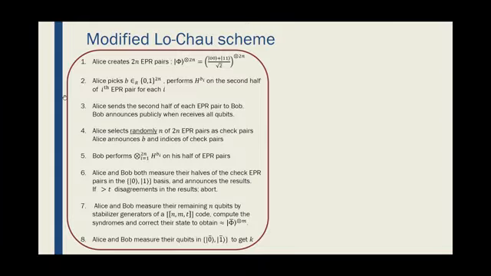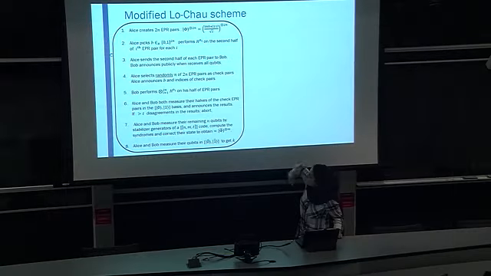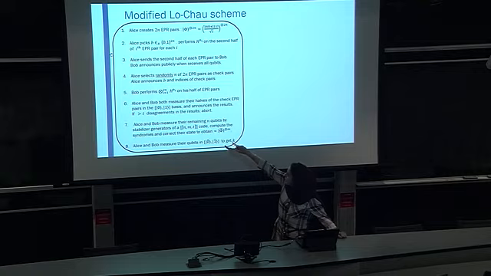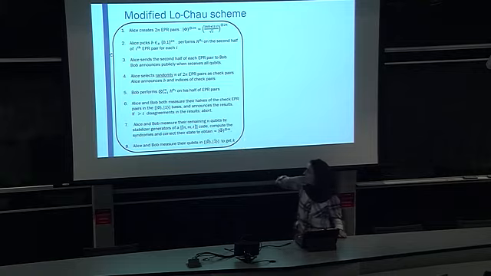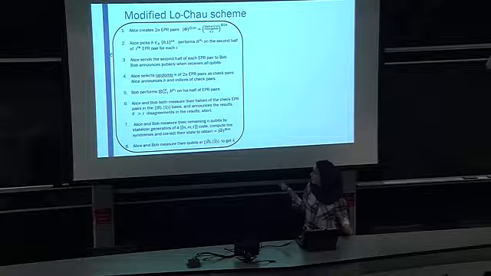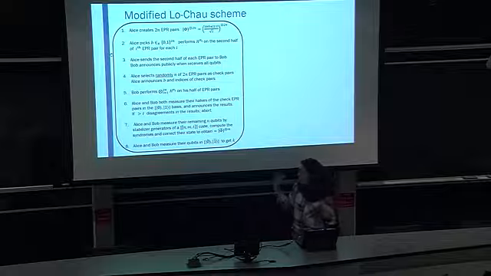So then Bob undoes the Hadamard application on the qubits he received, and then Alice and Bob both measure their halves of the check EPR pairs in the standard basis, and see if there are more than T disagreements or not. If there are more than T disagreements, they abort the protocol.